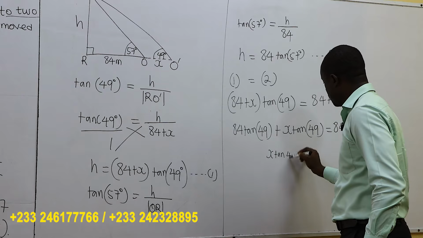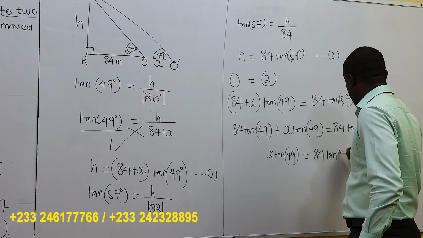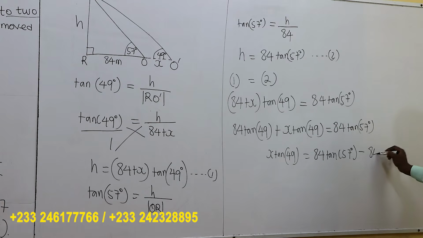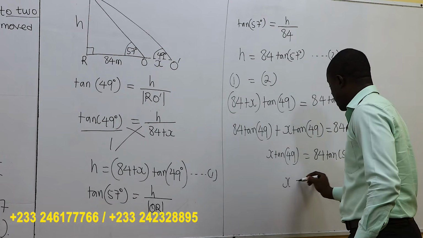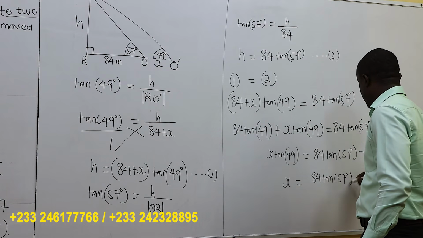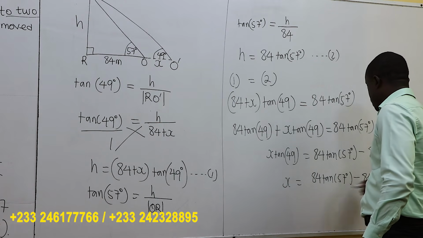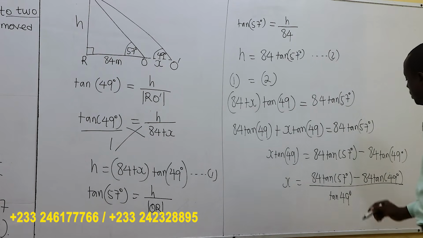X tan 49 is equal to 84 tan 57 degrees minus 84 tan 49 degrees. We want to find X, so we divide both sides by tan 49. Clearly X equals 84 tan 57 degrees minus 84 tan 49 degrees, all over tan 49 degrees.